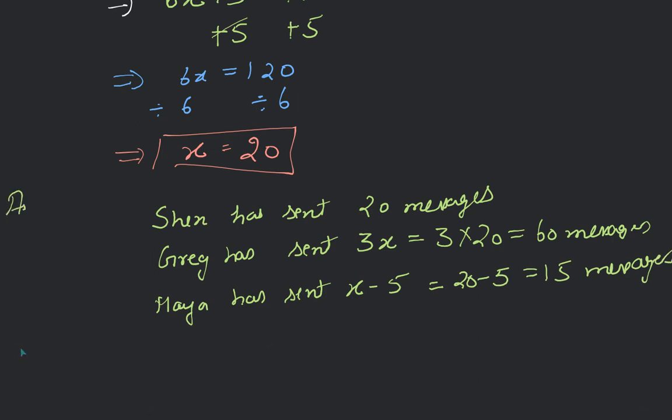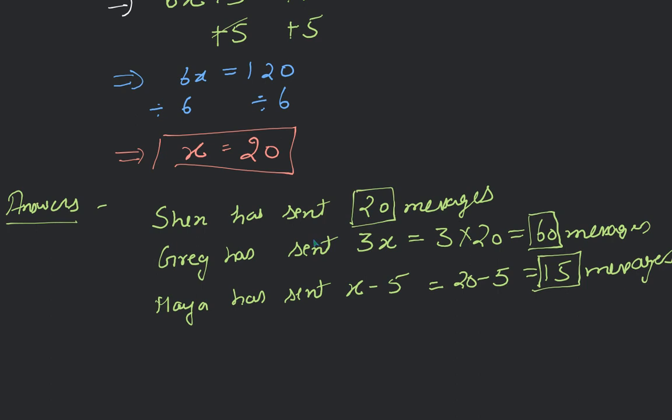So these are the 3 answers, the solution part, which you can fill in each and every row given. And if you add all of this, 20 plus 60 is 80, and 80 plus 15 is 95.